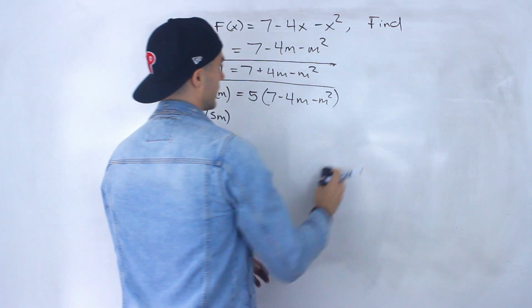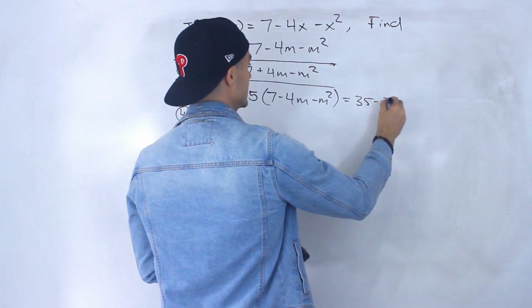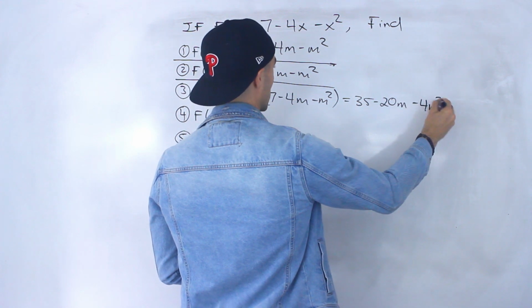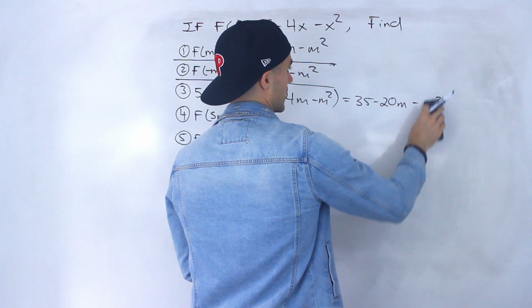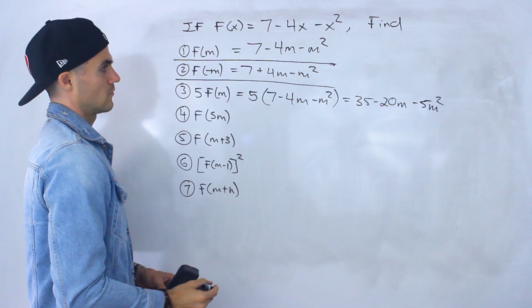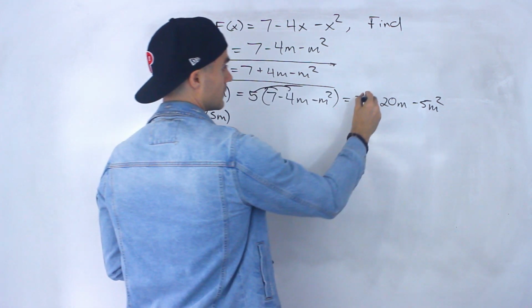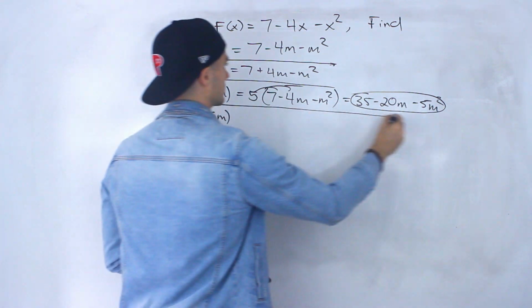Expanding this, we would end up having 35 minus 20m minus 5m squared. Sorry, 5m squared, my bad. It just took this 5 and distributed it in the brackets. So that ends up being the answer for number 3.